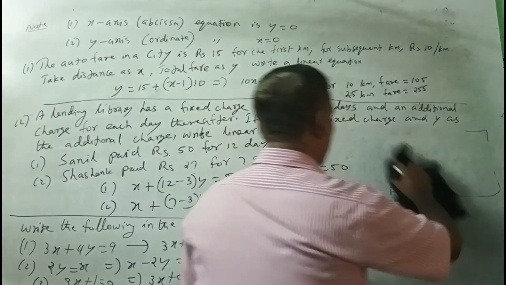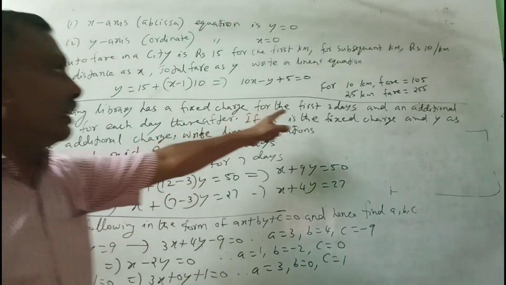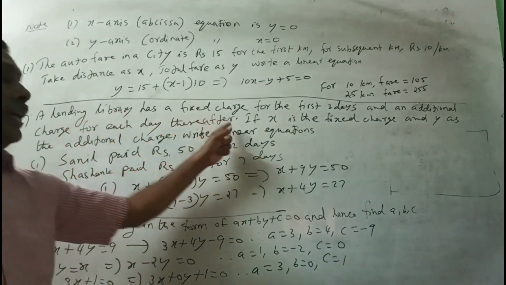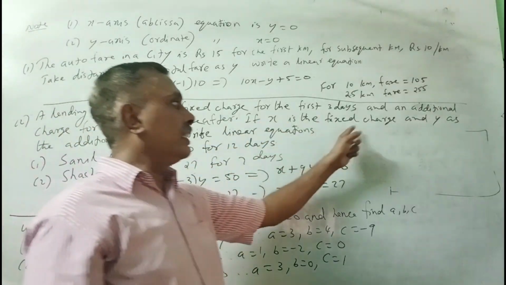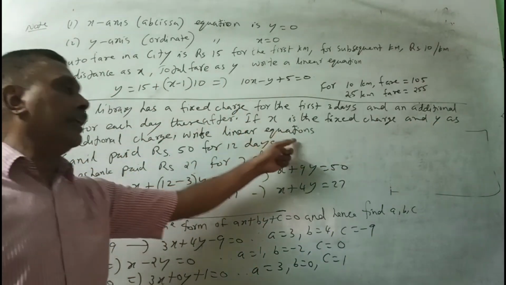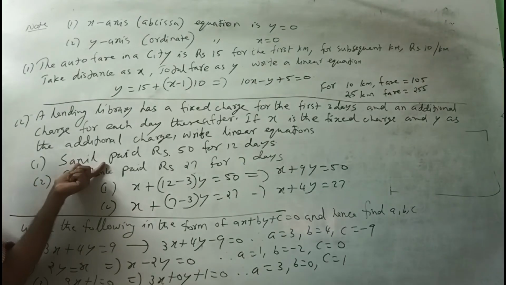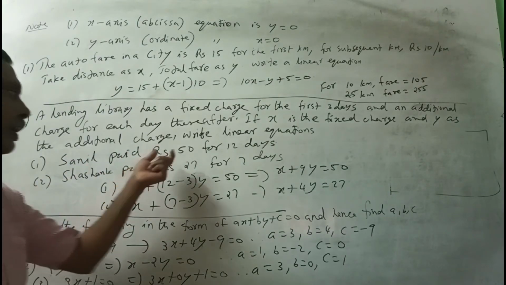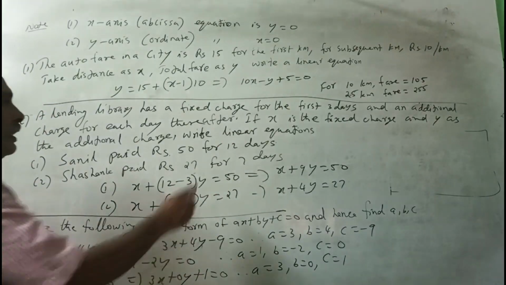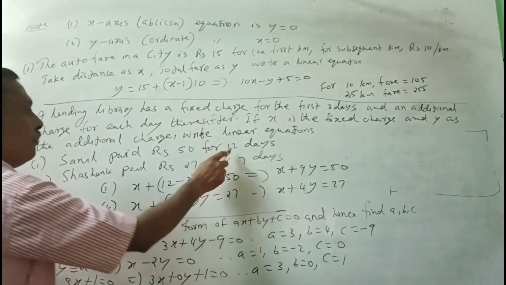Now let us see what the question is. The library says there is a fixed charge for the first 3 days and an additional charge thereafter. If x is the fixed charge and y is the additional charge, write a linear equation. Sanil paid rupees 50 for 12 days. How did he pay?